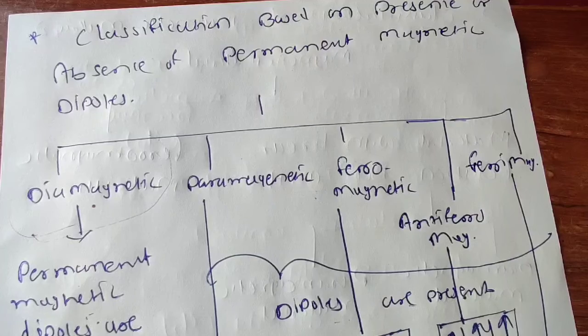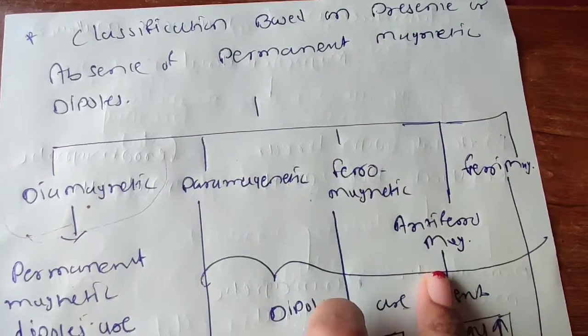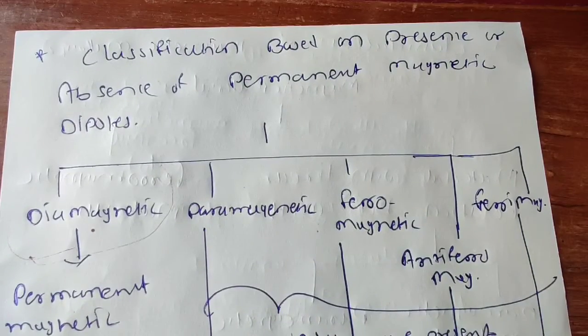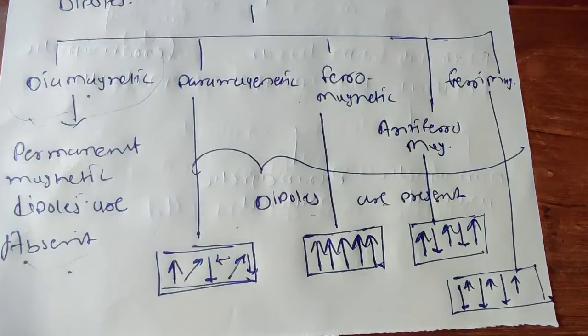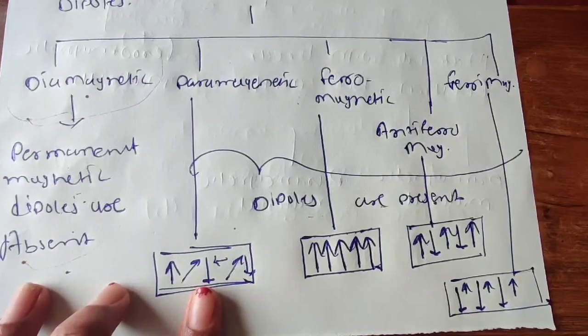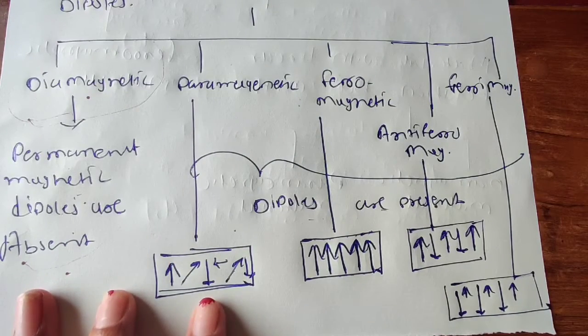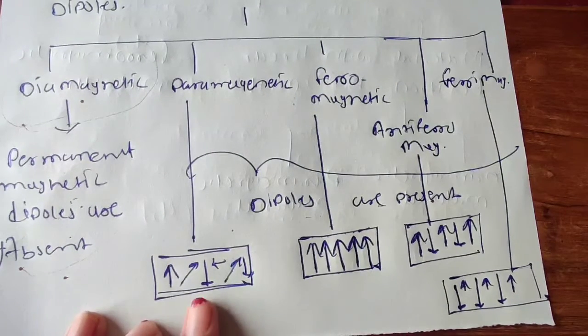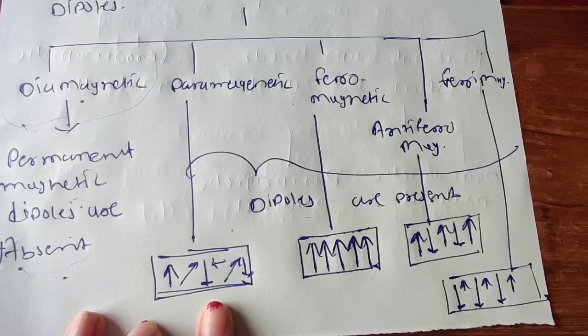Now for paramagnetic, ferromagnetic, antiferromagnetic and ferrimagnetic material, here you can see the particular arrangement of dipole moments drawn. In a paramagnetic material, the dipole moments are randomly oriented, and if the interaction among the permanent dipole moments is zero or negligible, then the material is called paramagnetic.